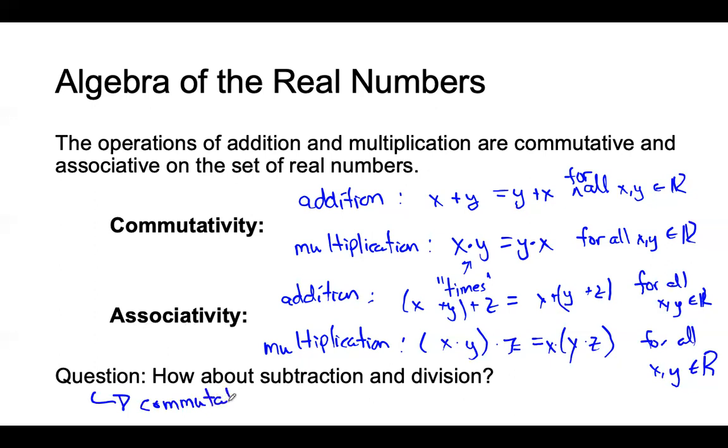Commutative and associative properties don't usually hold for subtraction and division.